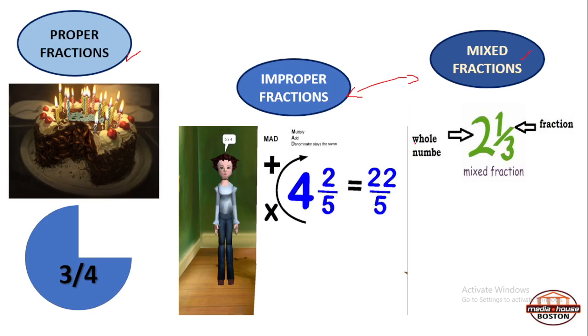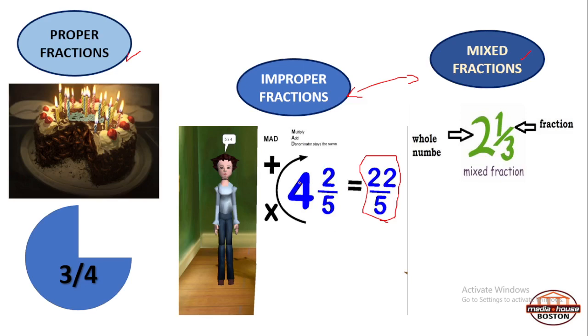Most of the time we find an improper fraction, where the numerator is bigger than the denominator, and we convert it to a mixed fraction. When we calculate 22 divided by 5, it gives us 4 and 2 over 5. This is what we call the mixed fraction.